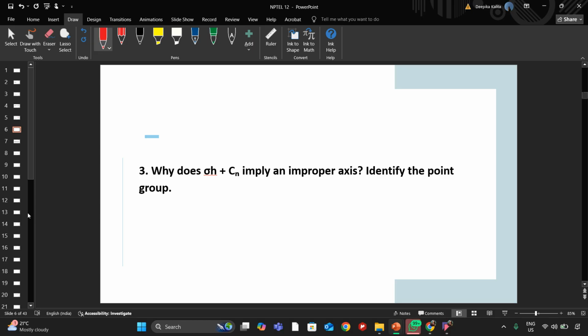So the next question: why do sigma h and Cn imply an improper axis? Identify the point group of the crystal which has these symmetry operations.